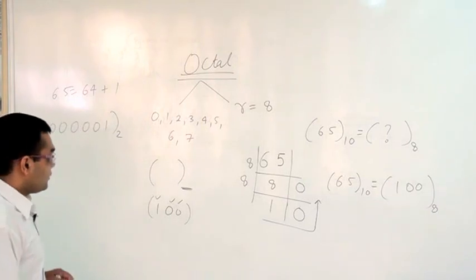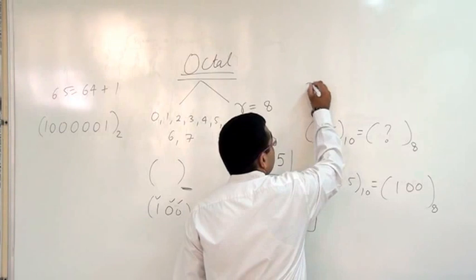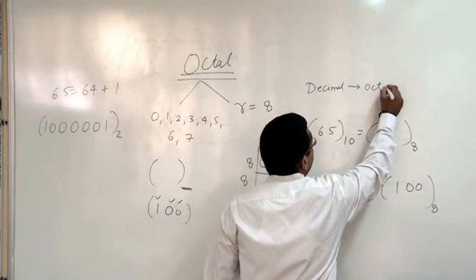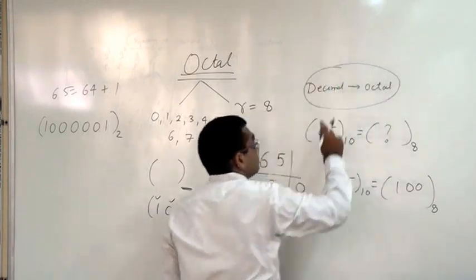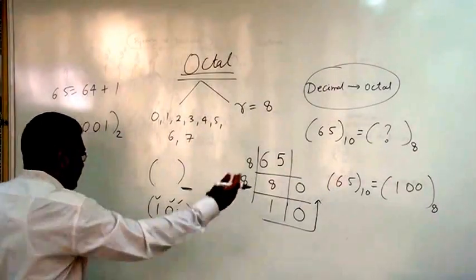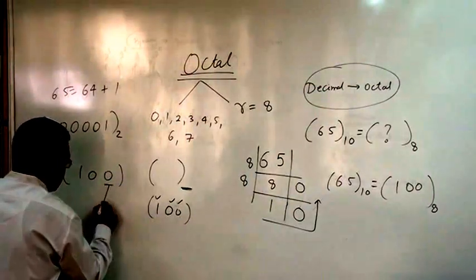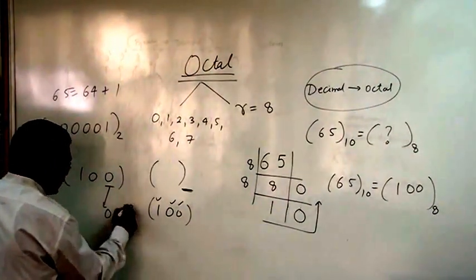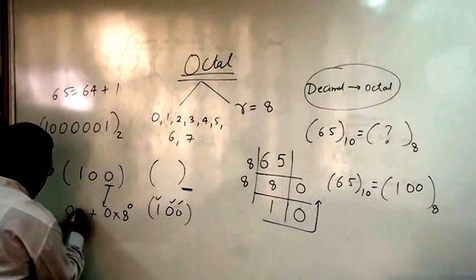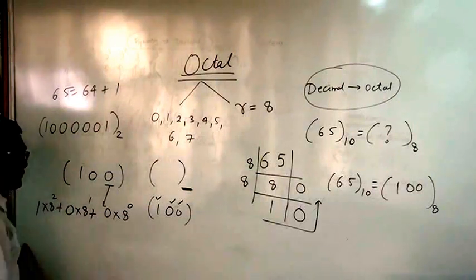Okay, so this was the concept of going from decimal to octal. Now what if we have to go the other way around? Exactly same. Start from the LSB, so that is 100, this is 0 into 8 to the power 0, the base is 8 now, plus 0 into 8 to the power 1 plus 1 into 8 to the power 2.